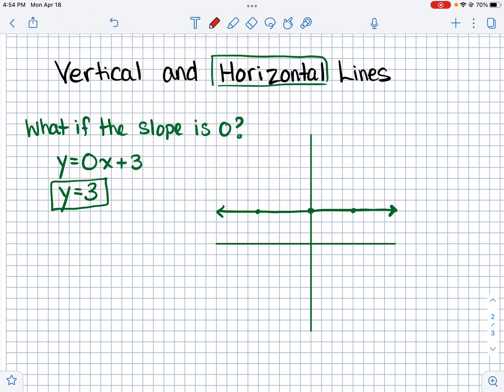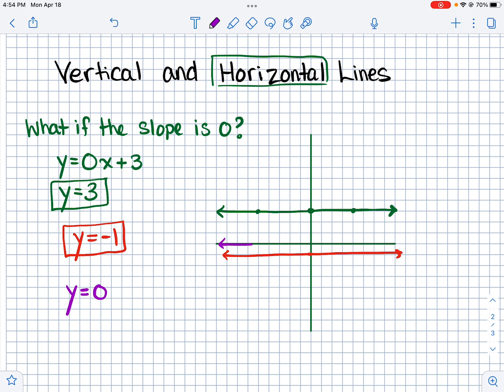You can make any horizontal line equation you want by following that format. Let's say y equals negative 1. If we wanted to graph that, it would just be a horizontal line going through y equals negative 1. Let's say we wanted y equals, you could still have y equals 0.